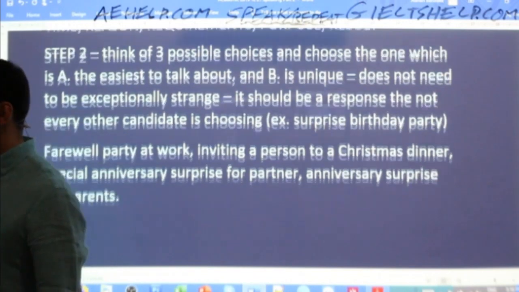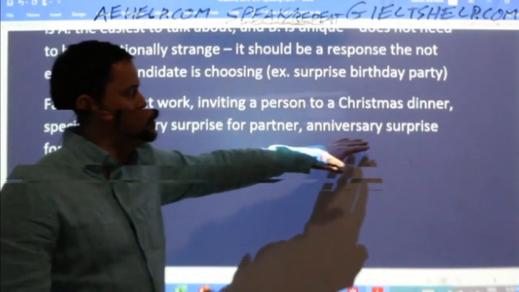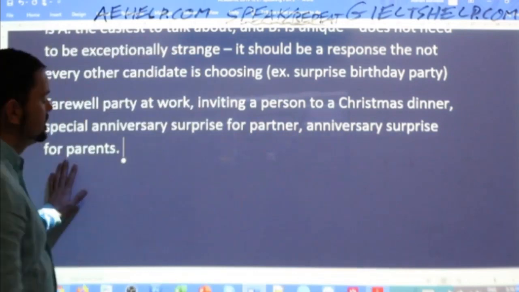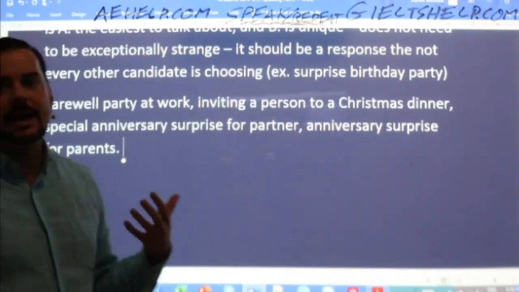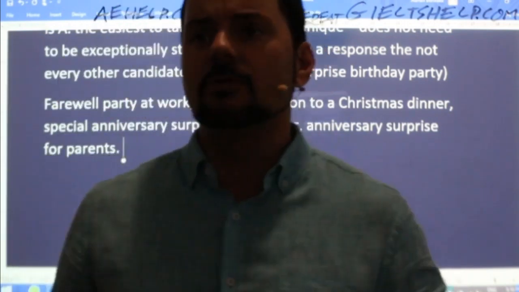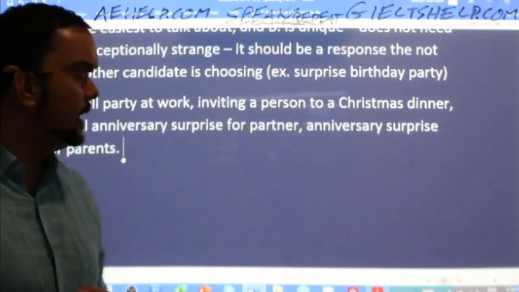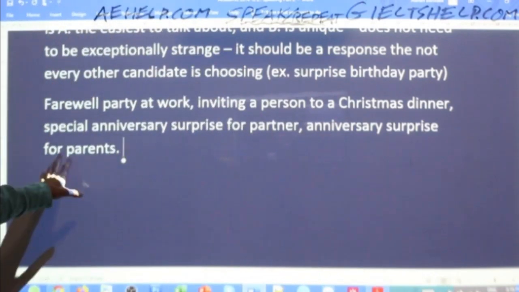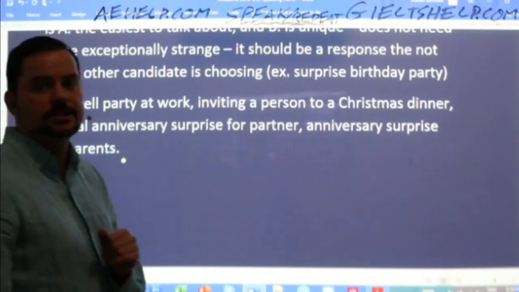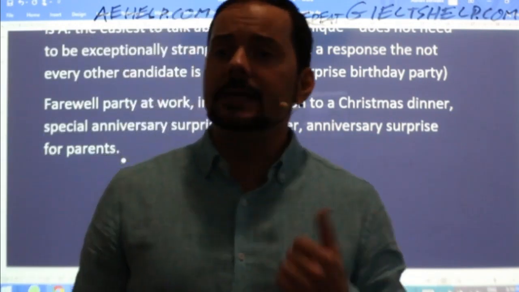Why is that really good? Why would this one be really good? So if you thought about anniversary surprise party for parents, why would that be a really good one? And look how several students are like, yeah, the parents, of course. Bopin, Hikmatillo, Preeti, yeah. So why would that be a good one? An anniversary surprise party for parents. It's definitely unique. It should be easy to talk about.